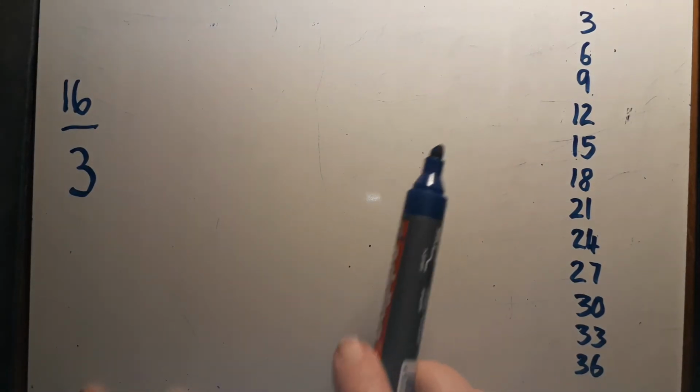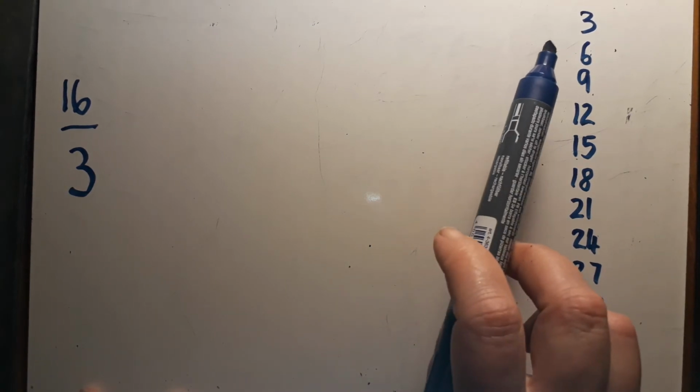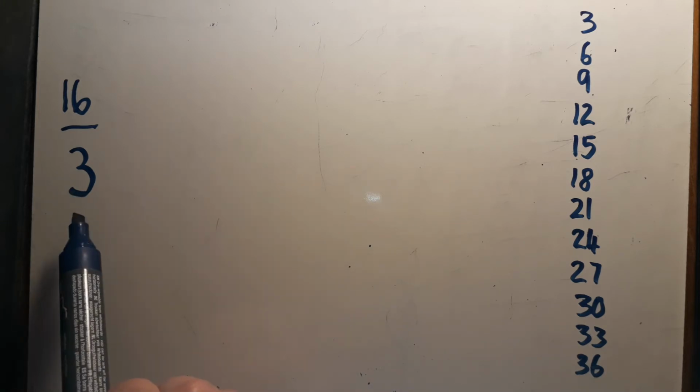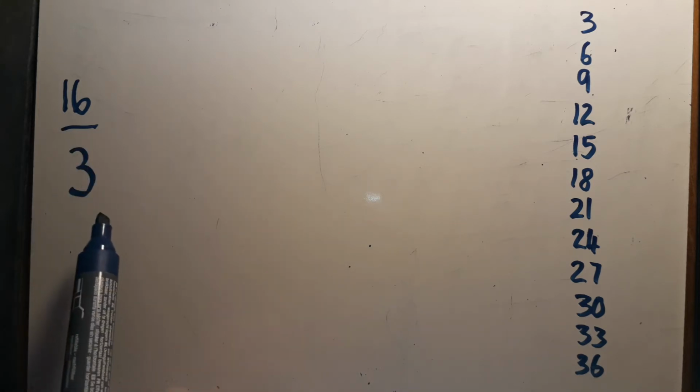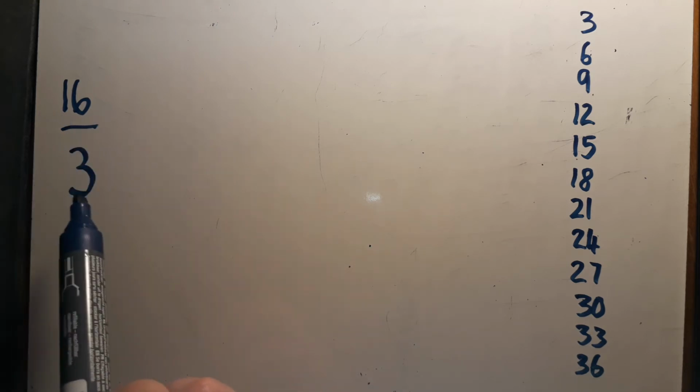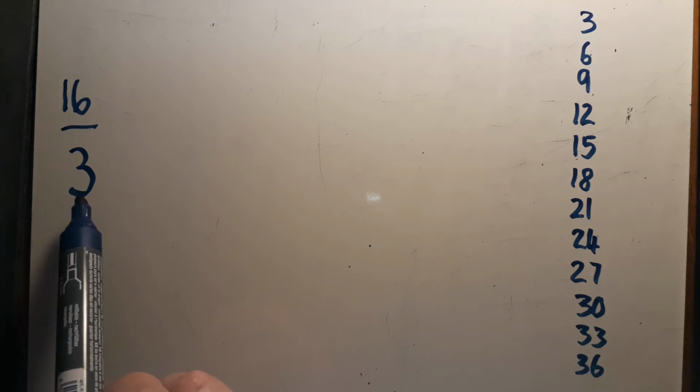So staying with thirds for the moment, I've written a splat box of the multiples of 3. I've got this improper fraction, 16/3, and it's improper because the numerator is greater than the denominator.